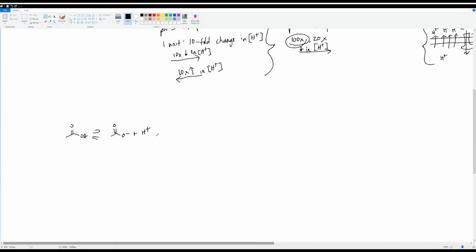Okay, and it asks us, circle the protonated and underline the deprotonated acid of the reaction. So the protonated one is going to have the proton attached. And so our protonated one we circle. Okay, we would circle this side and underline that side. Okay, the right-hand side.